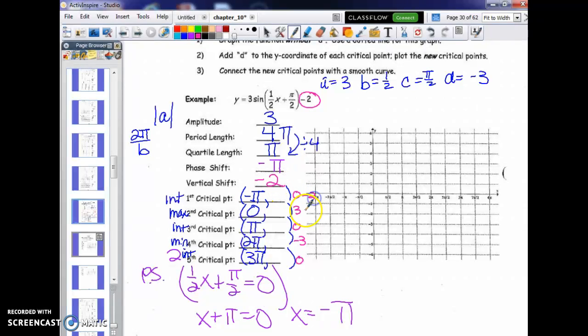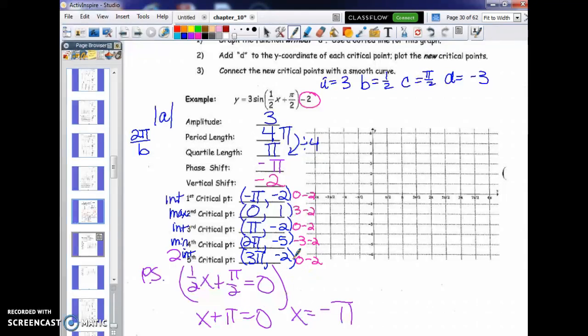So all these points, I'm going to subtract 2 from. And that'll help me do the points of 0 minus 2, which is negative 2. 3 minus 2, which is 1. 0 minus 2, which is negative 2. Negative 3 minus 2, negative 5. And 0 minus 2 is negative 2.